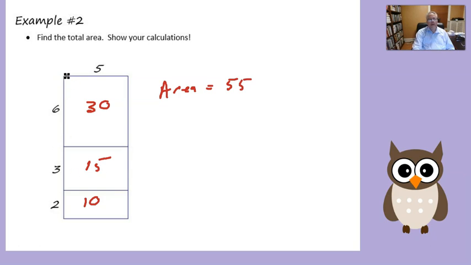Again, I could have just taken the total length times the width. The total length here is 6 plus 3 plus 2, that's 11. 11 times 5 is 55. All right, so we got it two different ways.